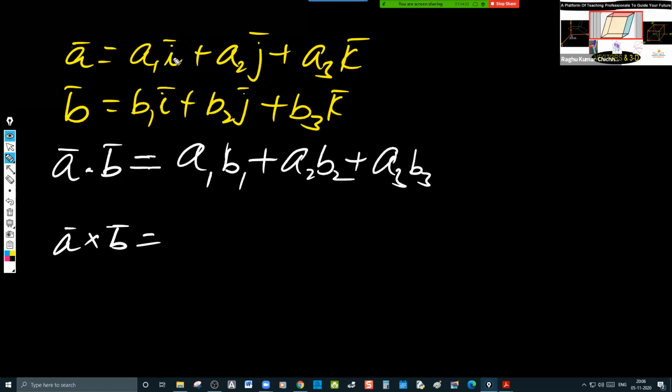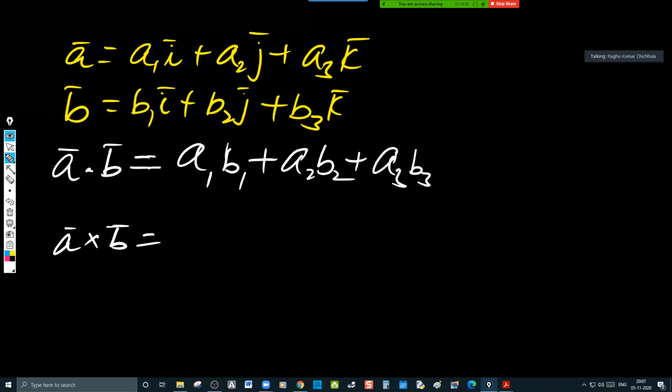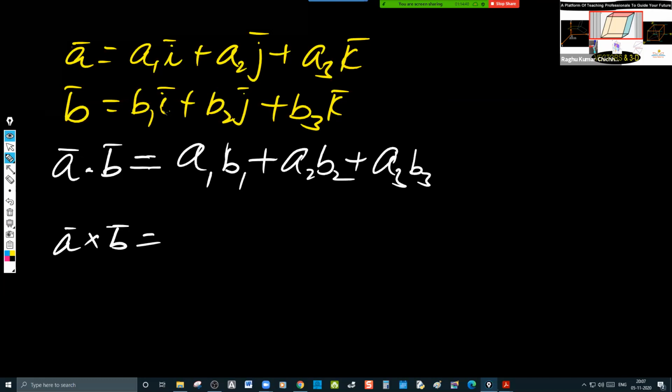It is called inner product because we take the inner part of I bar, inner part of J bar, inner part of K bar. That is why the other name is inner product.